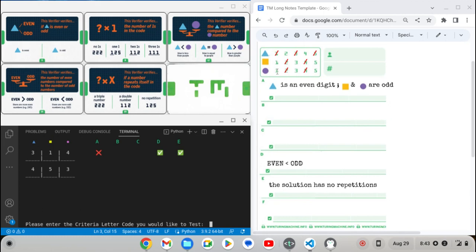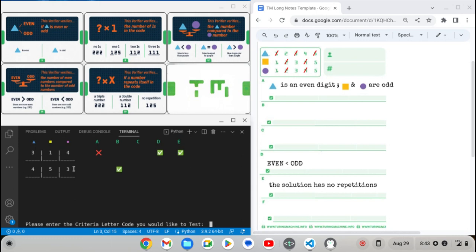If I still have 2 and 4, it looks like both 3 and 5 are greater than 2. So it would almost have to be where a triangle is greater, and it would point to the 3. Let's go ahead and test criteria card B and see what we get.